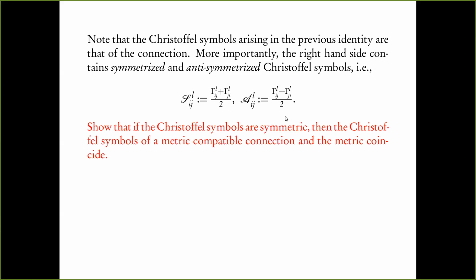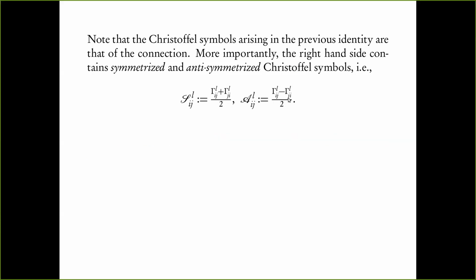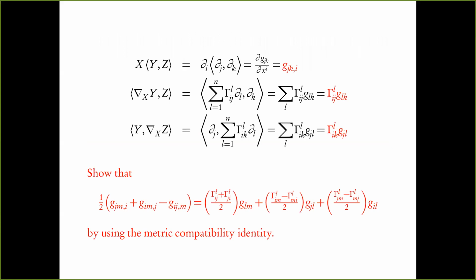Which means this quantity is zero, which means gamma Lij is equal to gamma Lji, which means it's symmetric in i and j, right? So now if we go back to this equation, this term vanishes because you're switching i and m. This is zero, this is zero. So what you're left with is exactly this term, right? But what is this? This is now gamma Lij, because gamma L is symmetric in i and j.